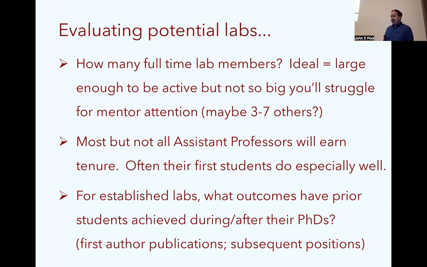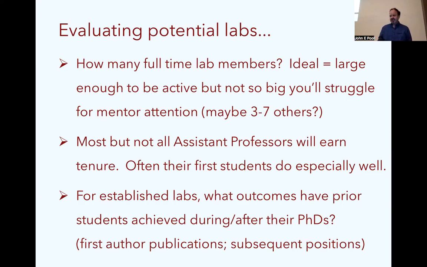And it might be relevant to consider both what they accomplished during their PhD, in particular, their publication record, and specifically publications that they led. So they were the first author or co-first author on, because that is kind of like the currency of at least academic science, especially first author or co-first author publications.